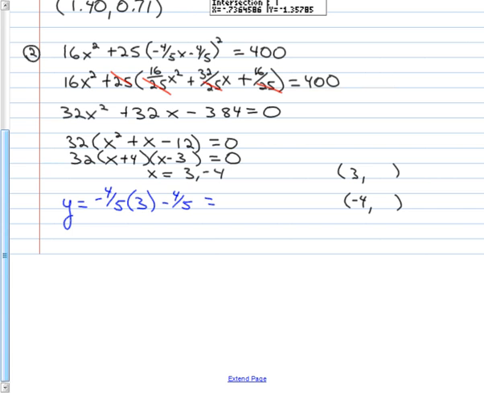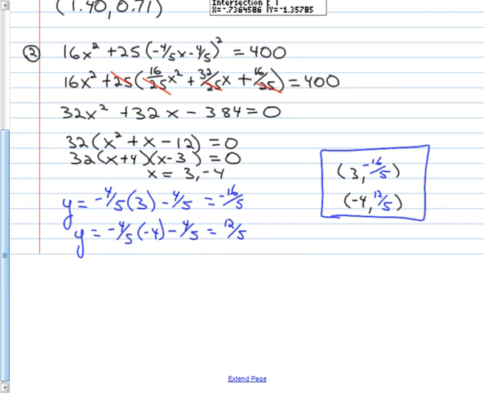Negative 12/5 minus 4 more fifths. Negative 16/5 goes with the 3. And if we put a negative 4, negative 4/5 times negative 4, subtract another 4/5. So 16/5 minus 4/5, 12/5. There we go.